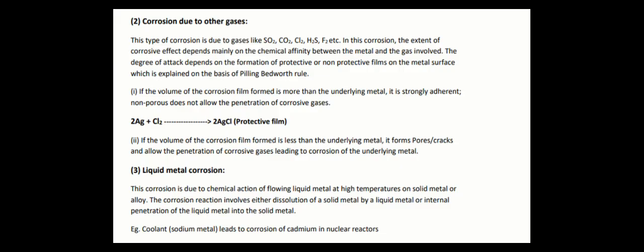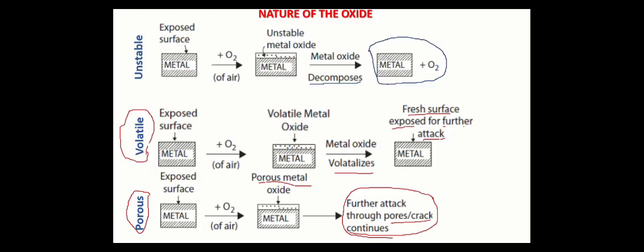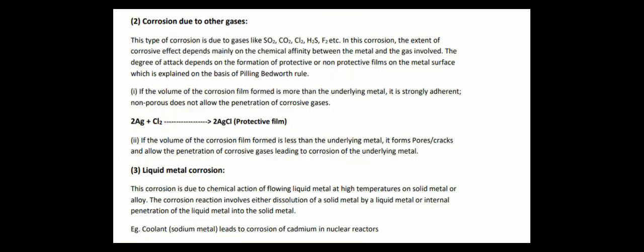For example, when silver reacts with chlorine gas, it forms silver chloride, AgCl, which is strongly adherent and protective. This kind of film prevents further penetration of chlorine. However, if the gas metal reaction produces a film whose volume is less than the metal from which it is formed, the film becomes porous. The Pilling-Bedworth rule allows us to predict this behavior quantitatively.